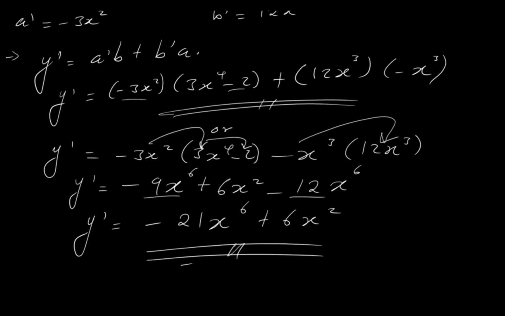Very simple and basic. Let's move on to question 3. So suppose question 3 is in this manner. F of x is equal to 4x ln(3x plus 1). Let me say 3x squared plus 1.